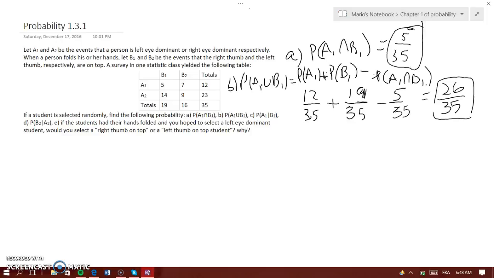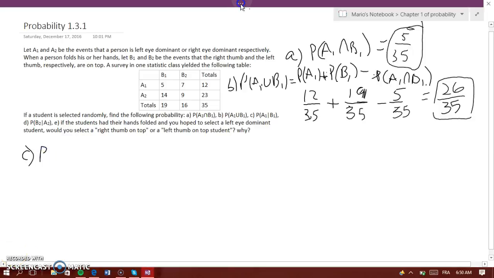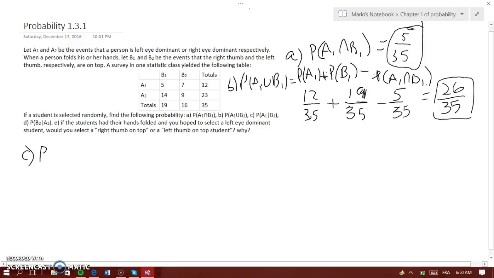Okay, in C now we are asked for PA1 given B1. This bar right here means given, and I'm sure you guys know that already. That means you know the second part, but you are looking for the first part.